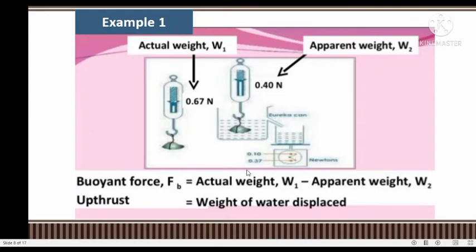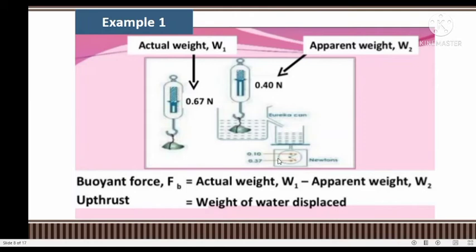Now look at the reading of the weighing scale here. According to the value calculated, we get buoyant force equals 0.67 minus 0.40, so we get 0.27 Newton.